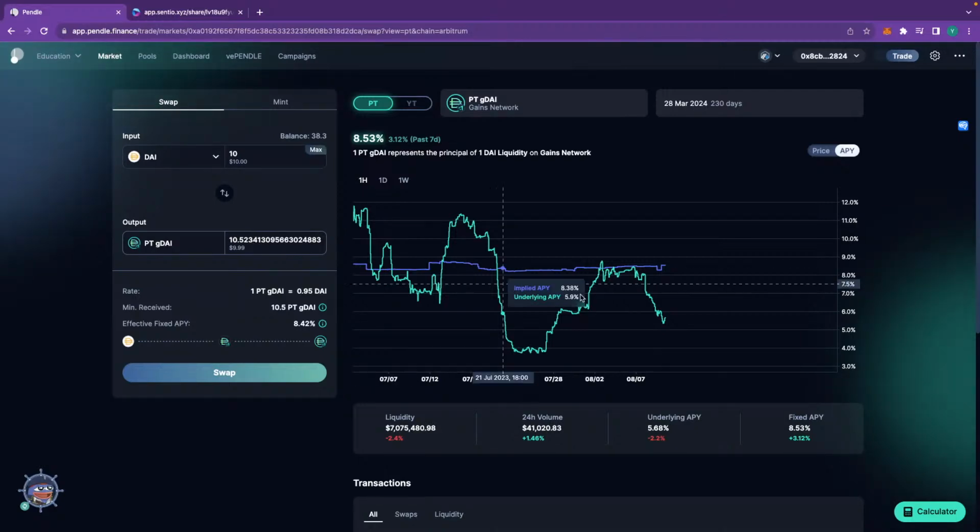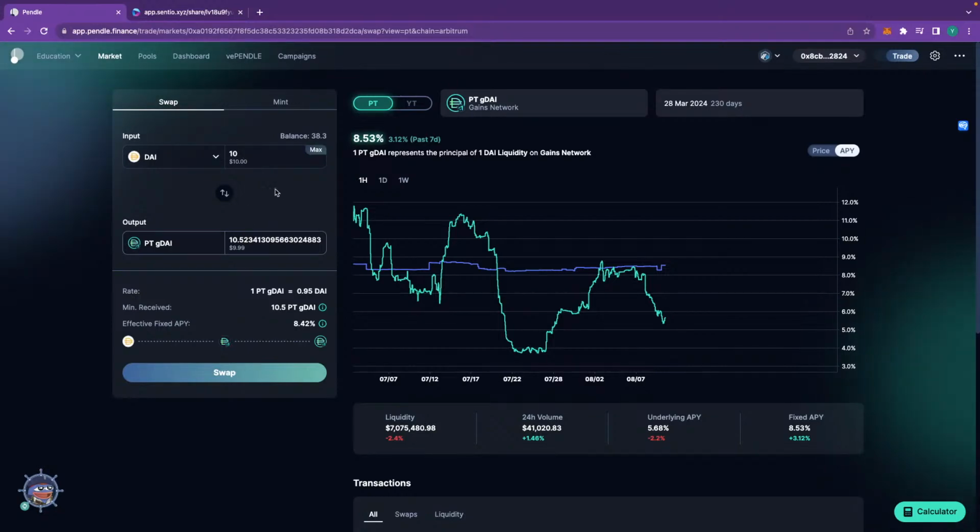For some reason, maybe people also realize that this fixed yield is too attractive, and people will keep buying PT. Say by next week, implied APY already dropped to like 7%, and I can already exit my 10.5 PT to get say 10.1.